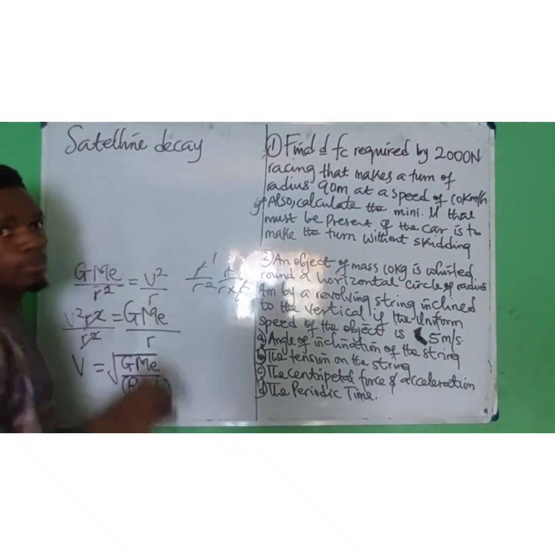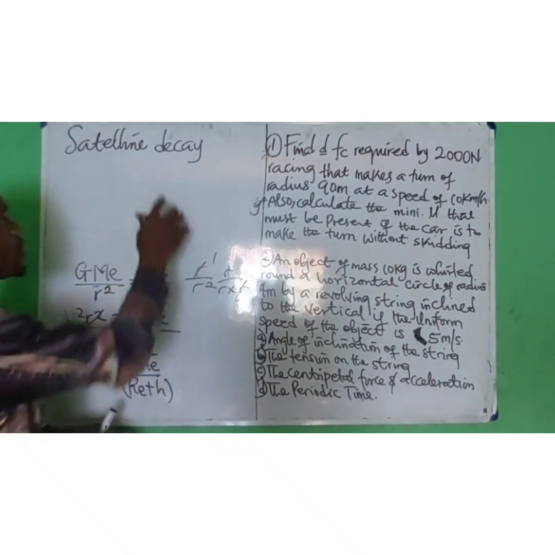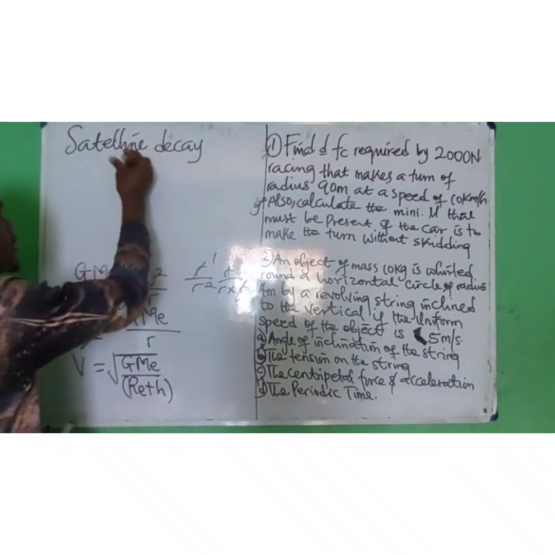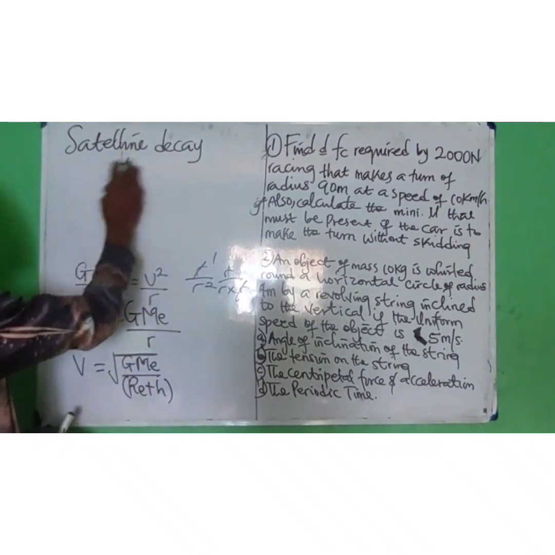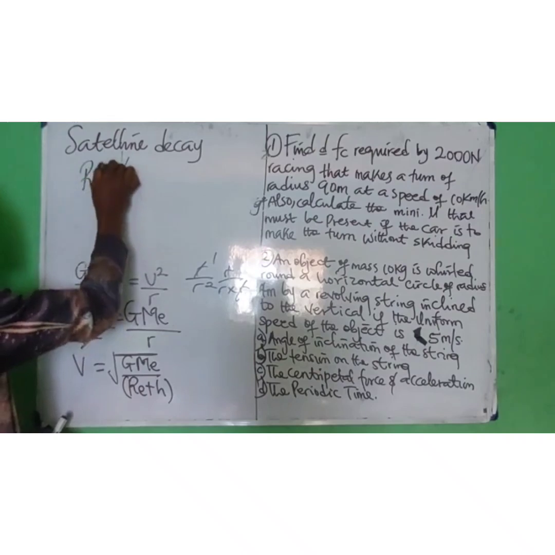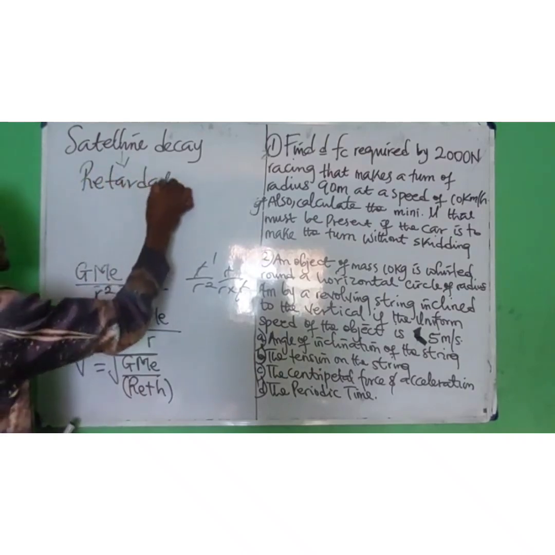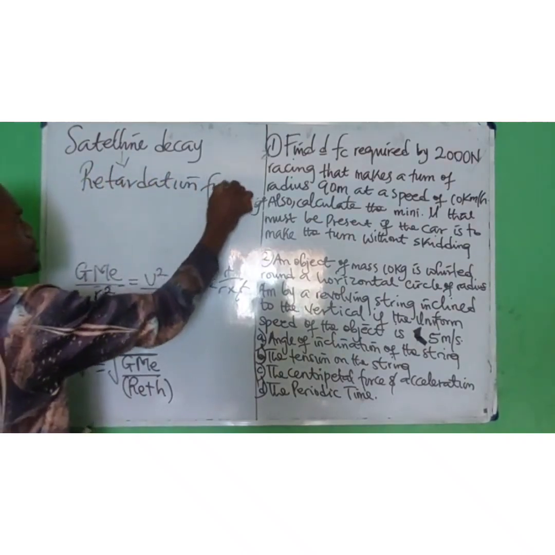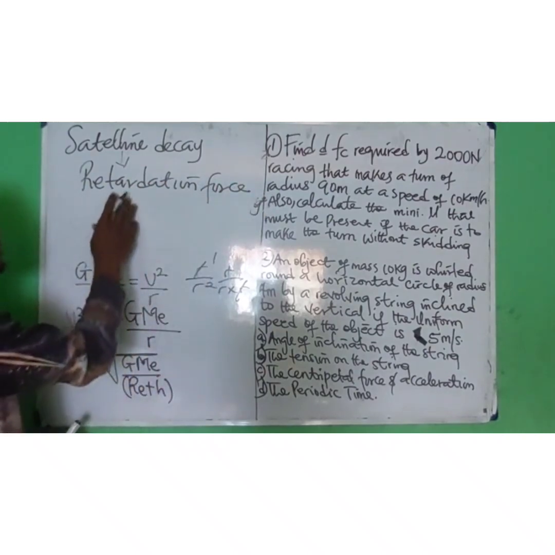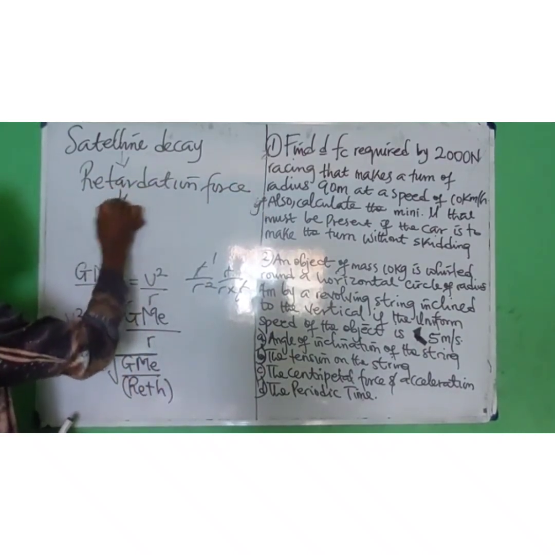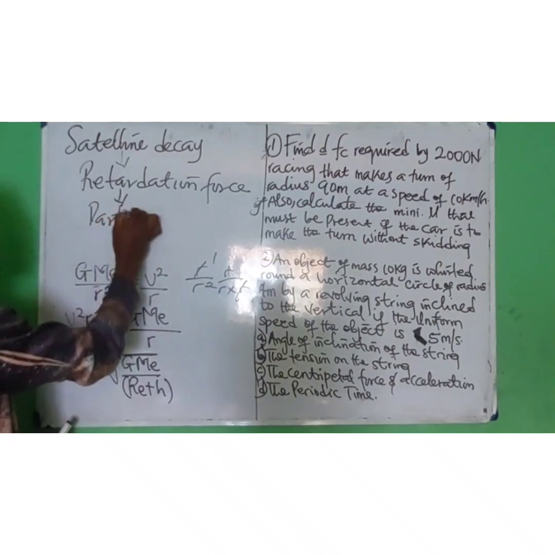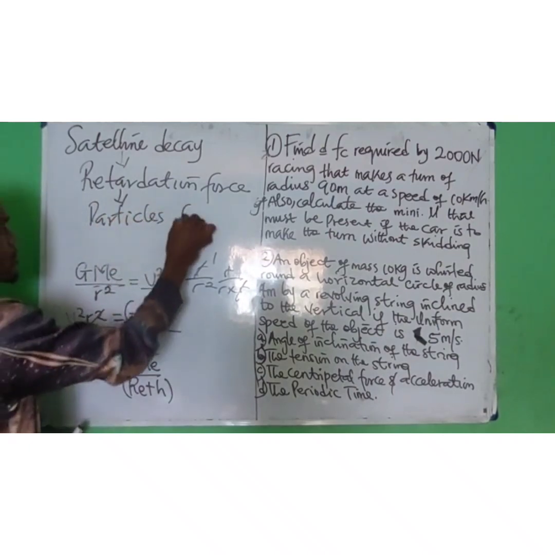For this to happen, what results in satellite decay? The force that brings about satellite decay is called the retardation force. Because of this retardation force, you begin to see some particles or fractions emitted.